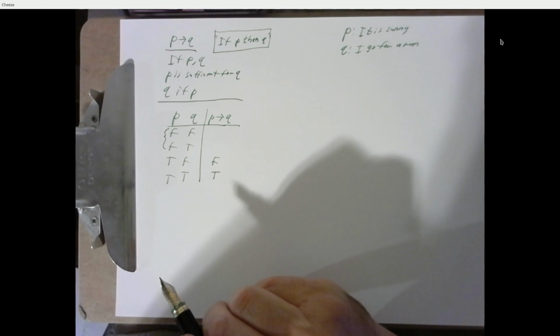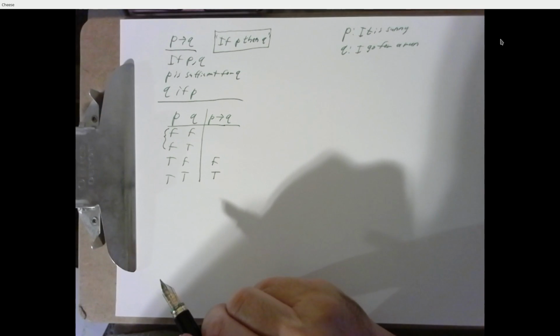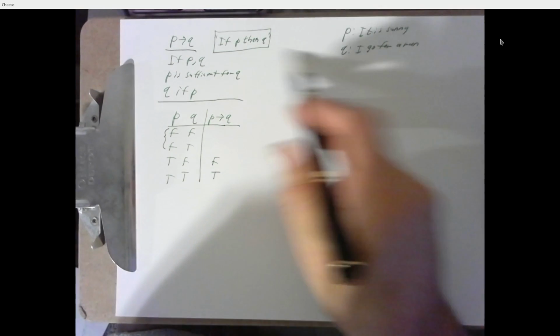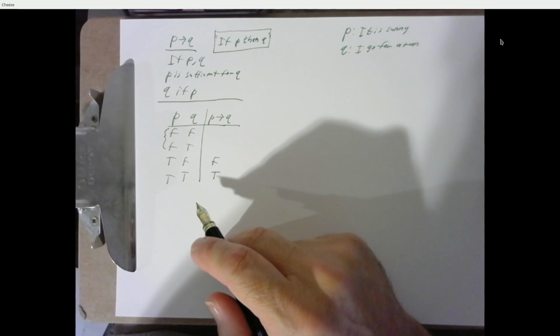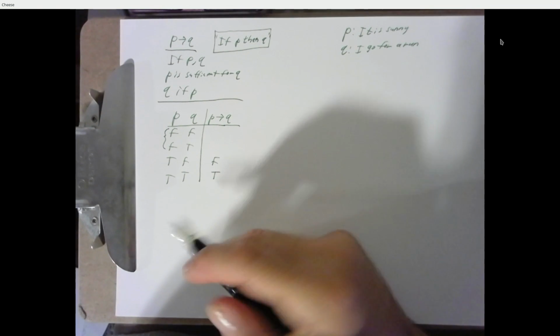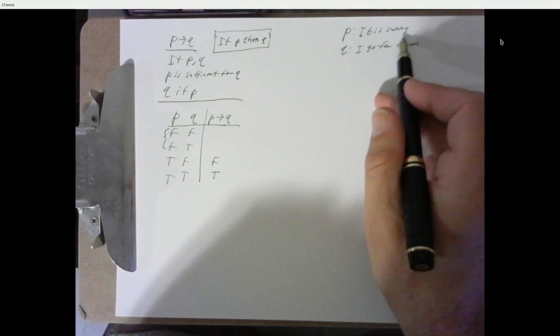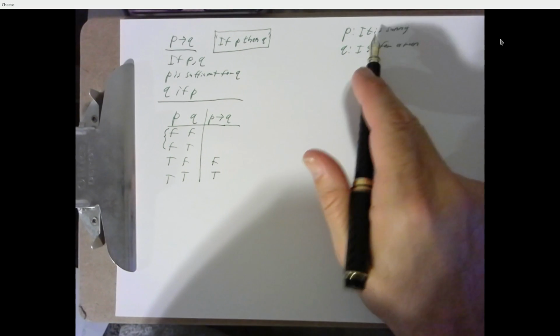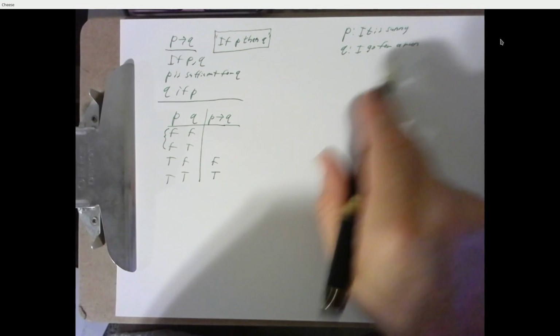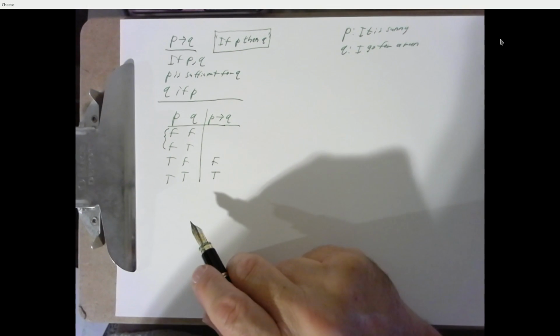Suppose you wake up and it's cloudy. Is this statement invalidated somehow? Suppose I'm out running and it's raining. Does that somehow invalidate the statement, if it is sunny, then I go for a run? No. We're not claiming that if I go for a run, it's sunny. We're claiming that if it's sunny, I go for a run. Well, it's cloudy and I'm going for a run.